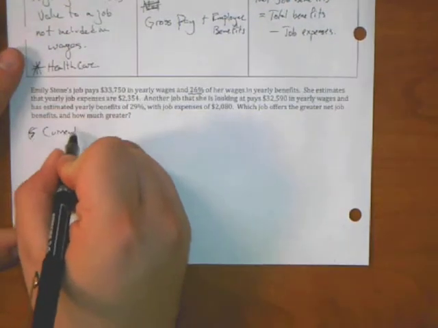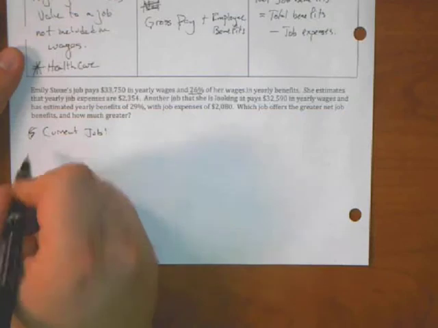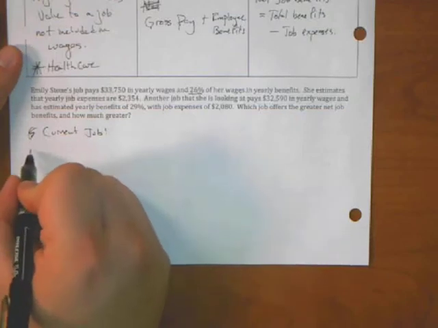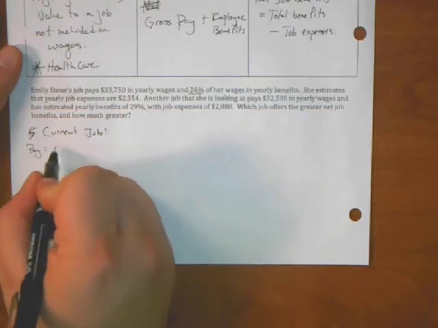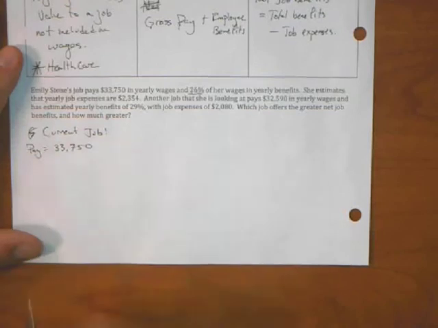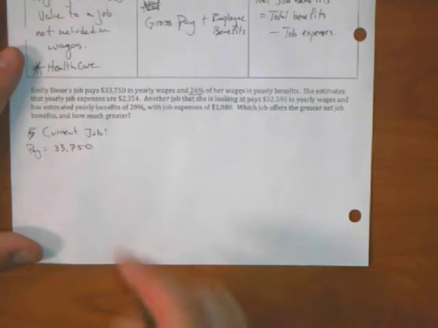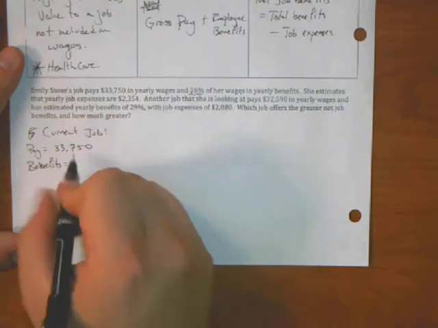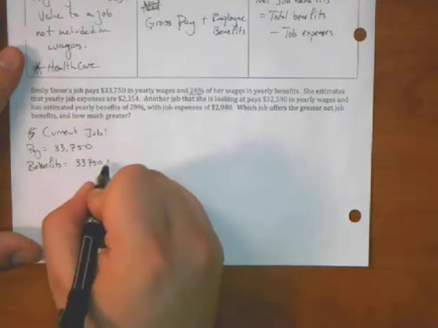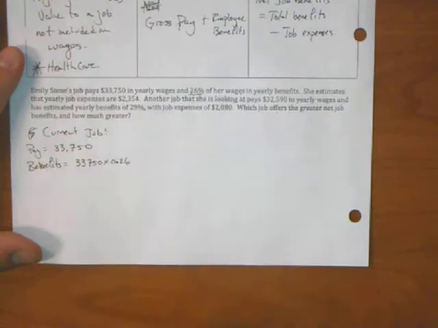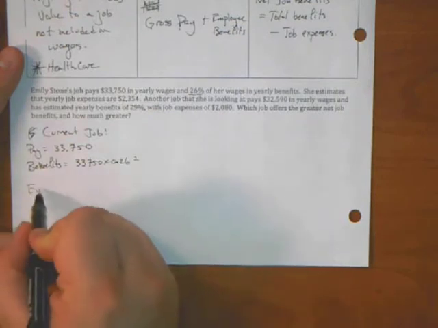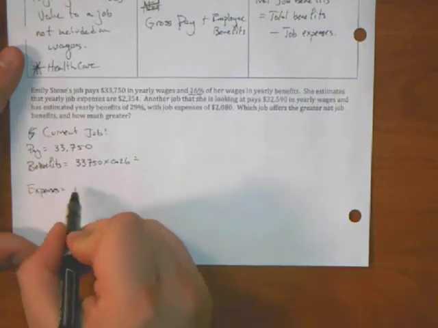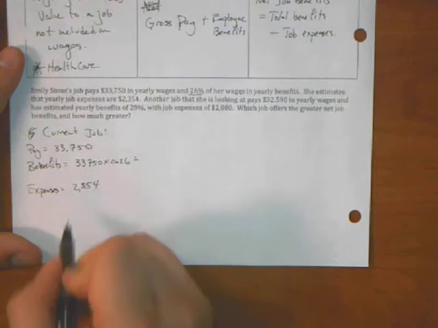Okay, so let's look at her current job. Her pay is $33,750. Her benefits we can calculate by finding that percentage of them. But her expenses are $2,354.